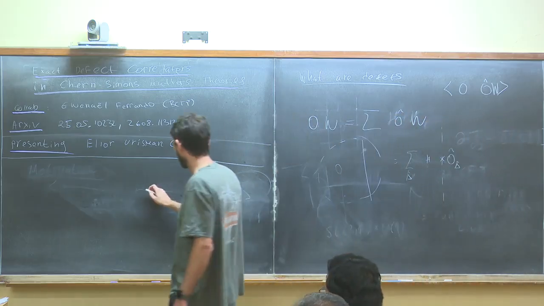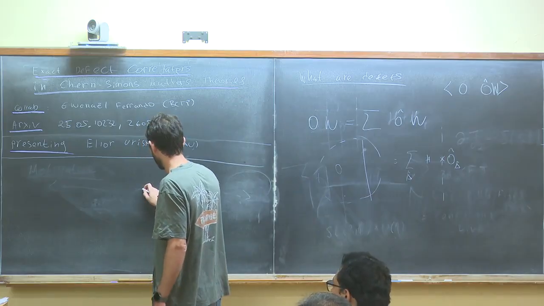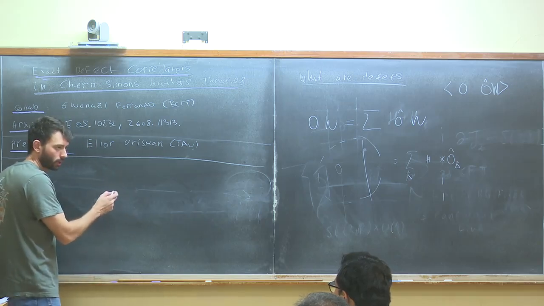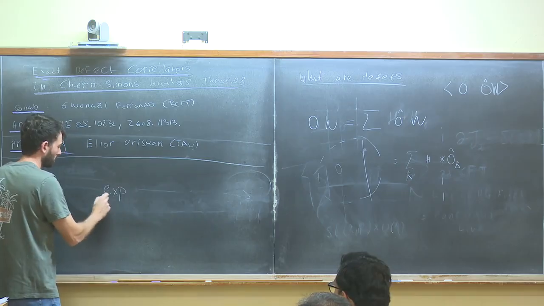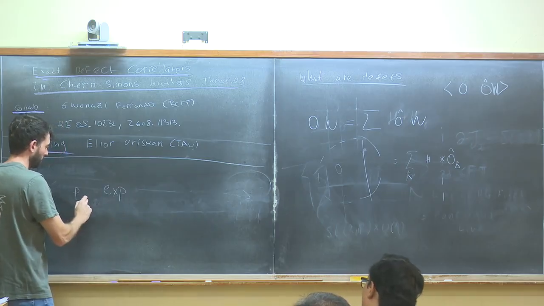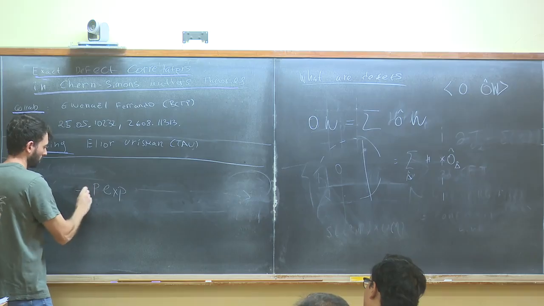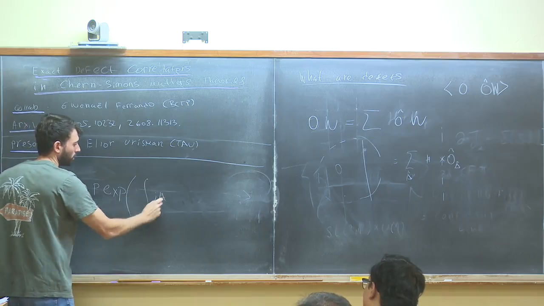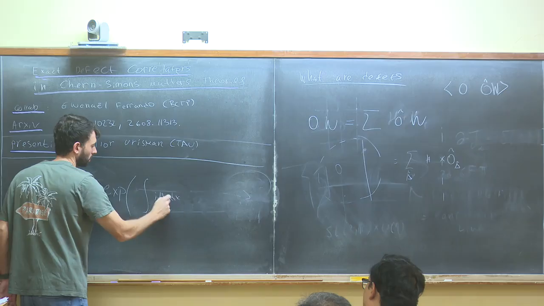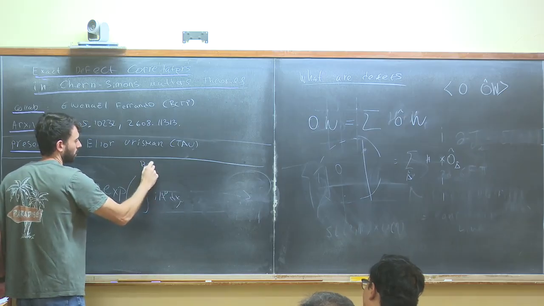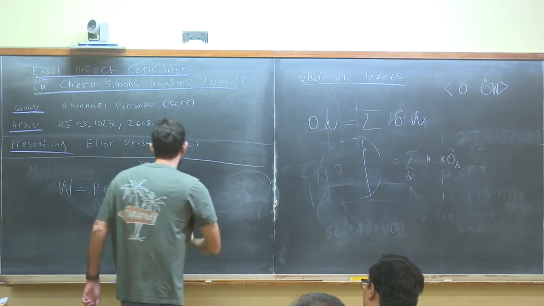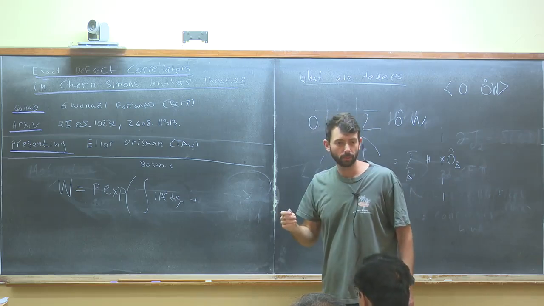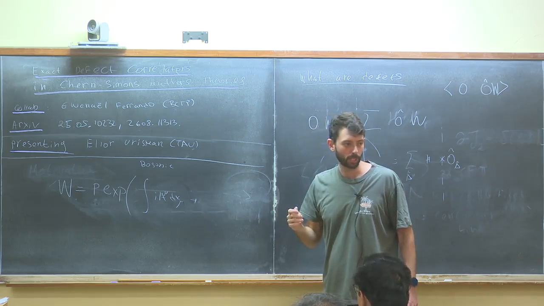So if you're in the bosonic theory, you can write a Wilson line if you have a gauge field, right? Let's write it down explicitly. So you can write the Wilson line. This is the bosonic theory, okay? And then you couple phi as well to the line. But then you look at the operators you have, and you see that because you're in 3 dimensions, the scalars have dimension half.